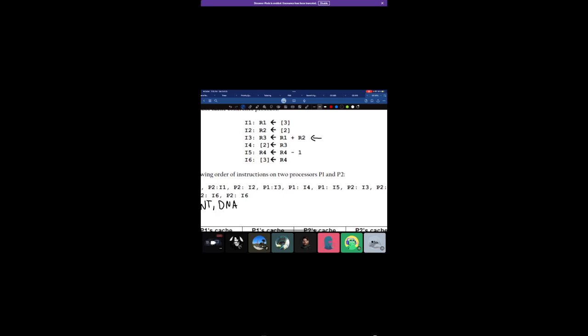Then we're going to run instruction 4, where we're loading R3 into address 2. R3 into address 2, it was already exclusive, and now we're also updating it again. So be exclusive again.